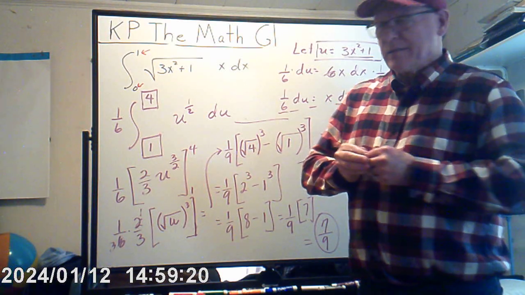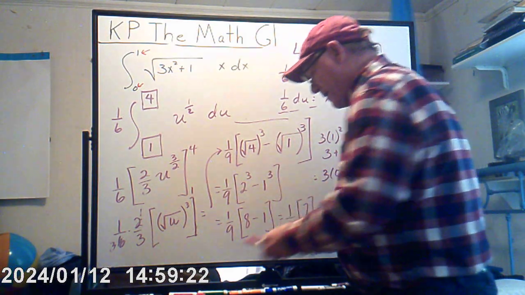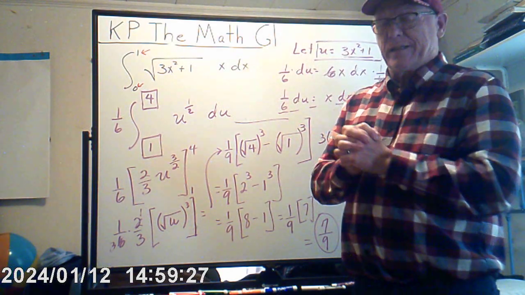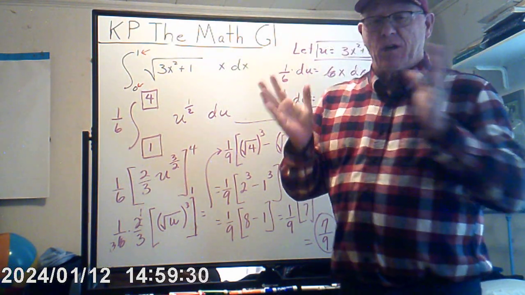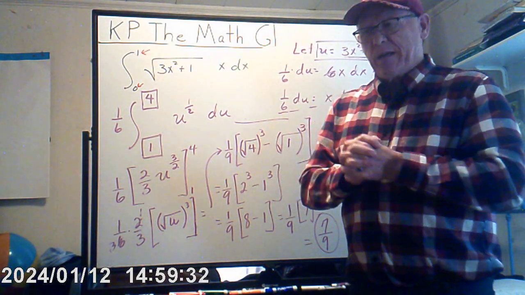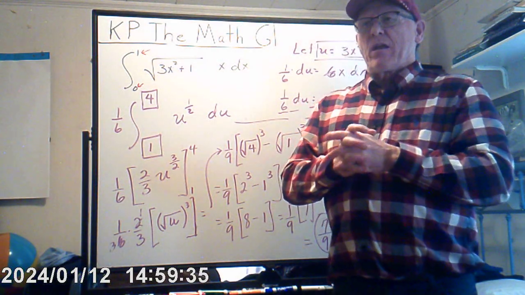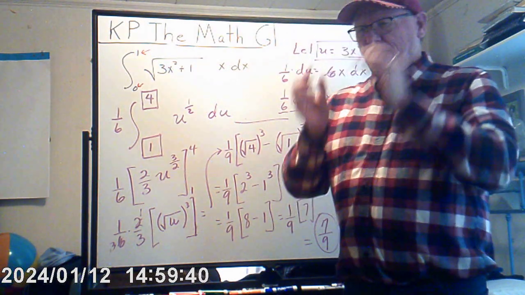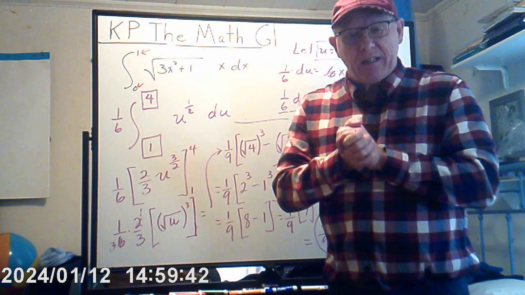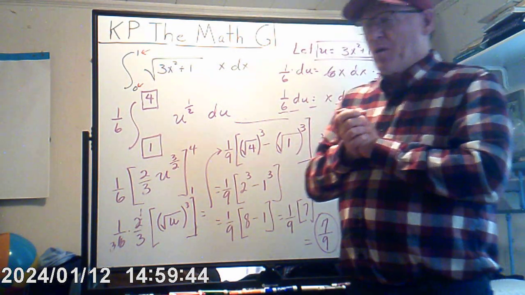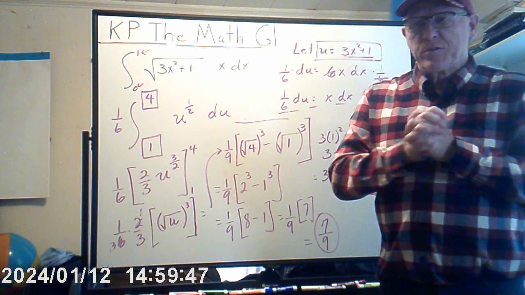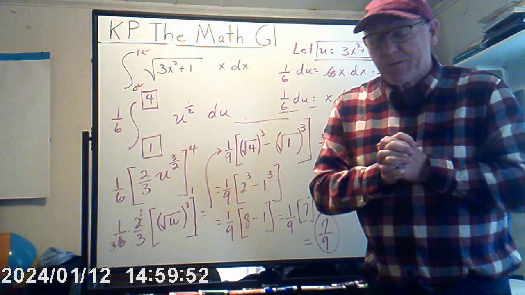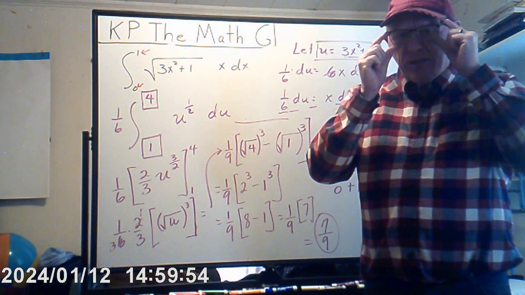I just wanted to do 2 parts, but I felt like I needed to do this one more time and show both ways of doing it. You pick the way that you like, and if you like the first way better, do that. If you like the second way better, do that. Sometimes we run into more than one way to do something, and I like to show that sometimes.